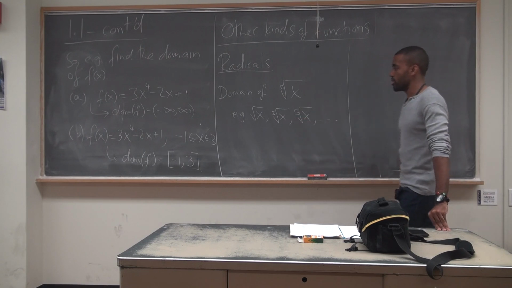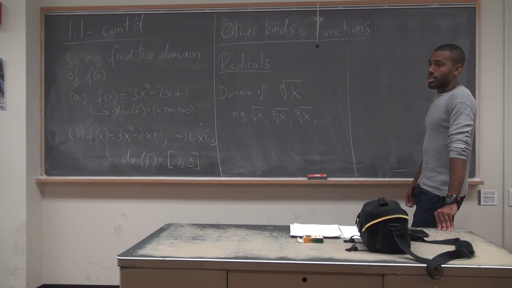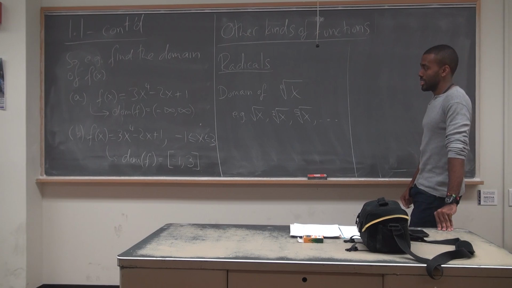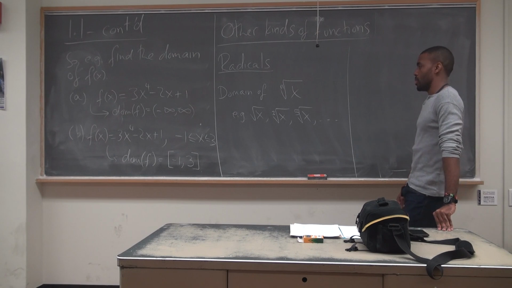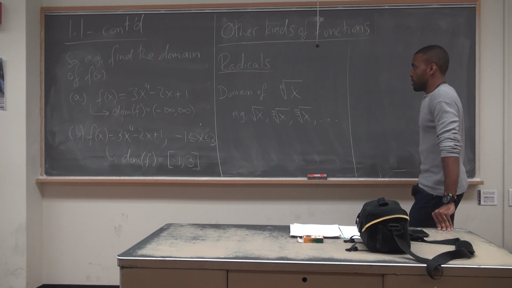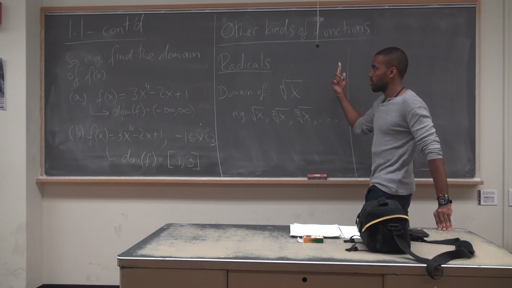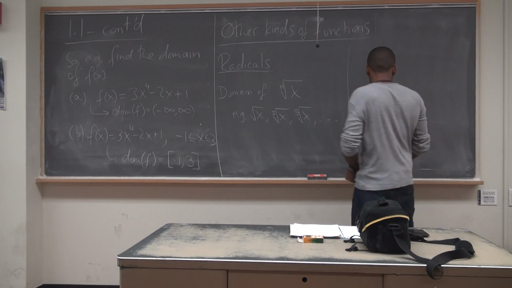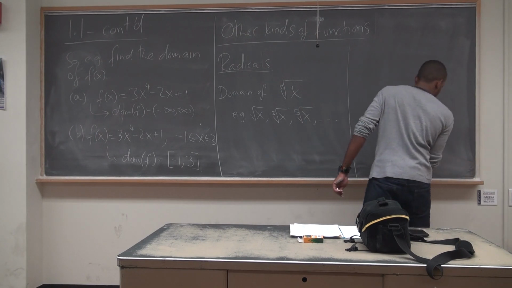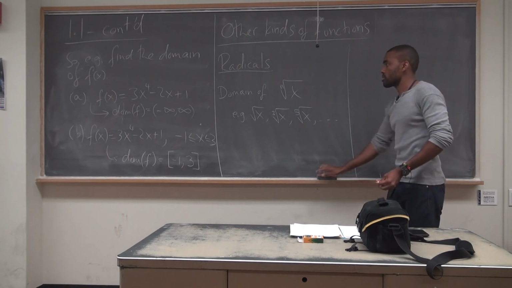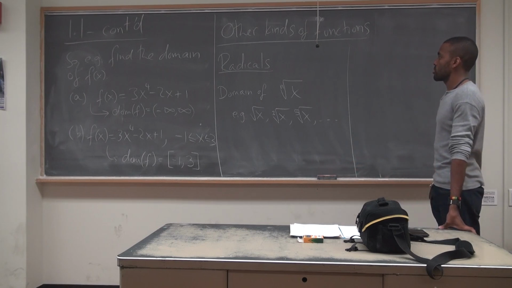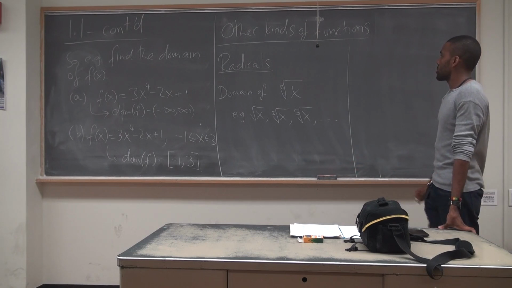Okay, what about the cube root? Negative. Do you understand what this means? The nth root of something. What does it mean? It means the same number multiplied n amount of times gives you whatever number is underneath the radical.